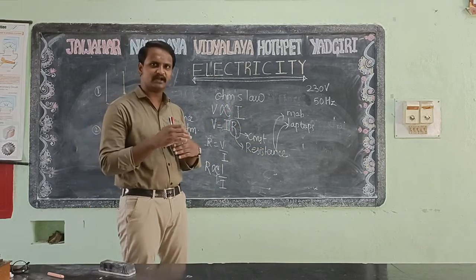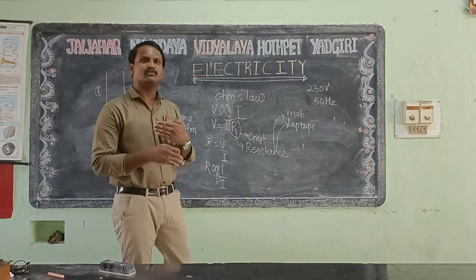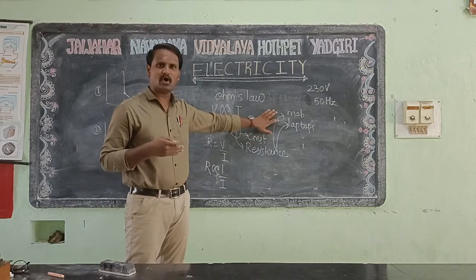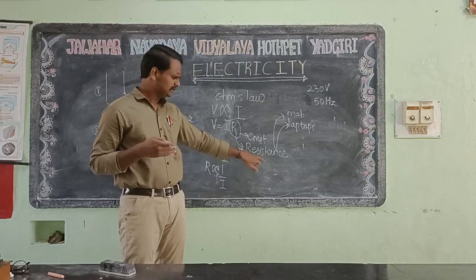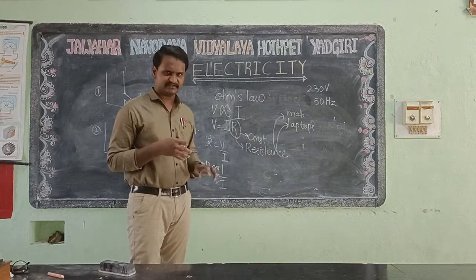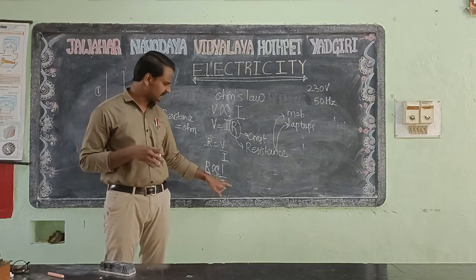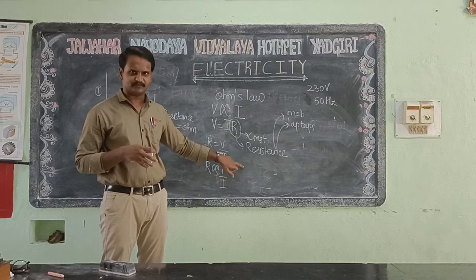It opposes the current. It just opposes the flow of current and reduces the direct flow of current. That is the exact work of the resistance. This resistance does not only depend upon the voltage and current, it also depends upon some other factors.